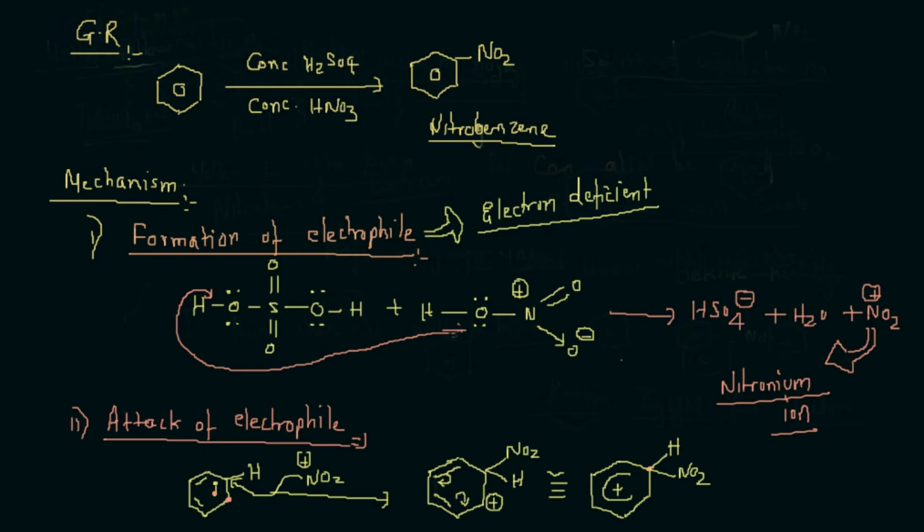But the carbon shown in red color does not have the positive charge. This particular intermediate is called the sigma complex, or it is also called the Wheland complex. Wheland is the name of the scientist. So this is the second step.